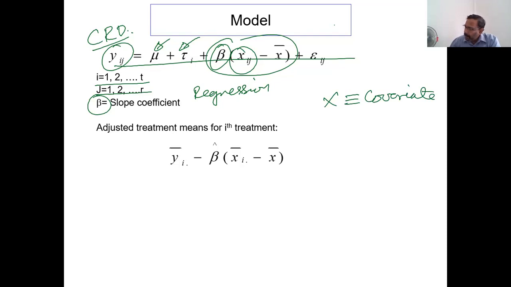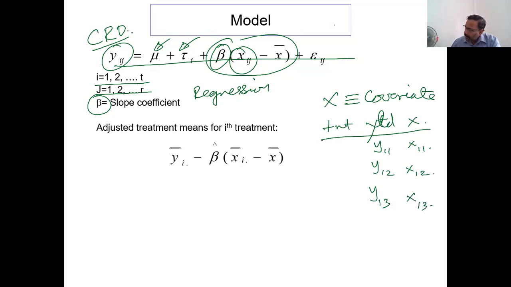For example, here we have treatment, yield, meat yield or whatever it is, covariate. So here, this is y11, this is x11, y12, x12, y13, x13. Similarly here, treatment, it is 1, 1, 1, first treatment.